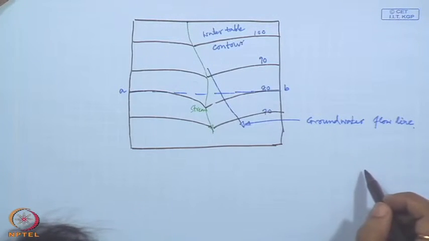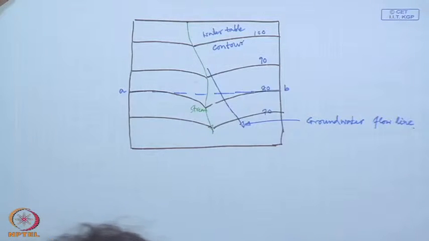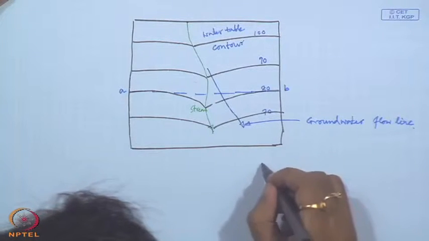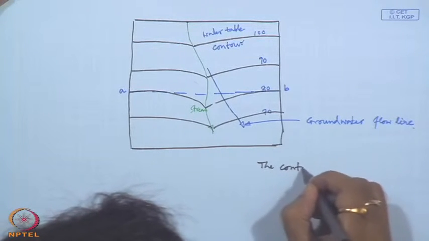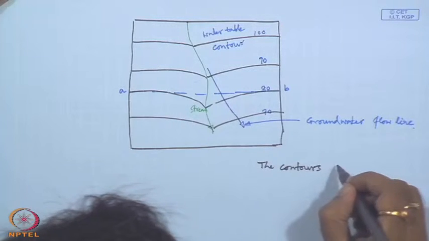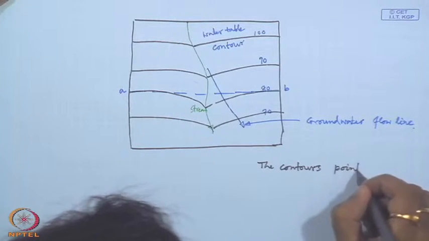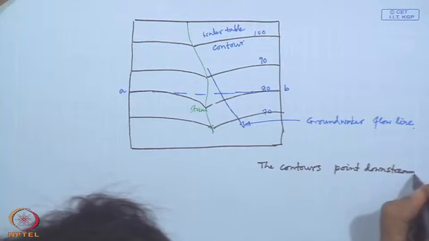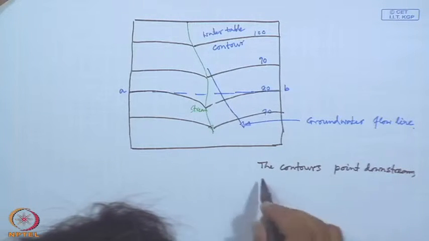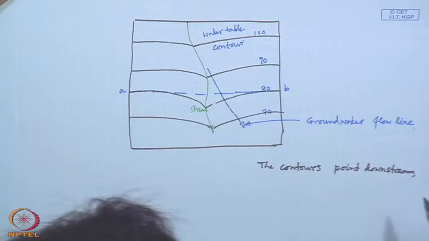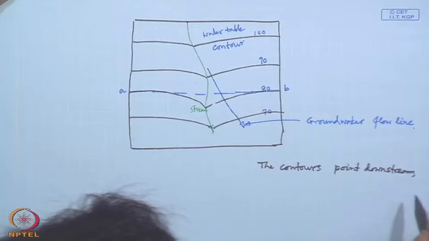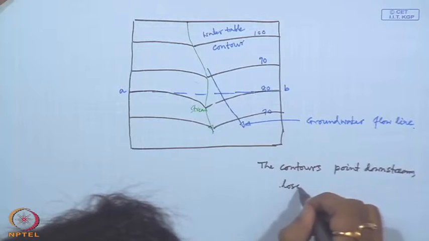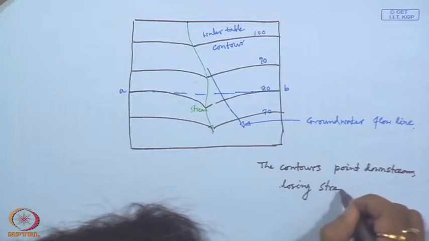So, if the contour points downstream, this is a losing stream.